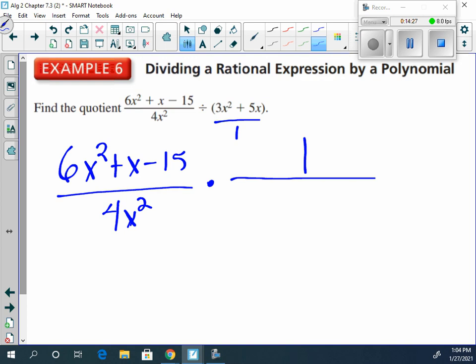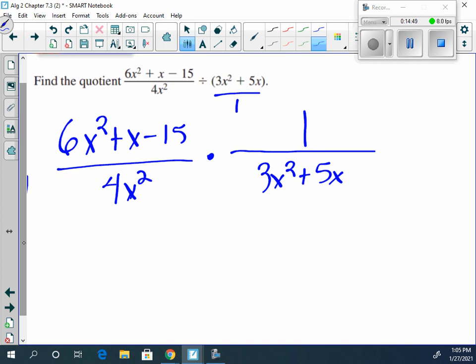So here, it's still over 1, but when we flip it, the 1 goes on top, and the 3x squared plus 5x goes on bottom. So that's the only real difference. It's just that it's over 1, even though it's not written. But everything else is going to remain the same. So any questions on this here before we move forward?